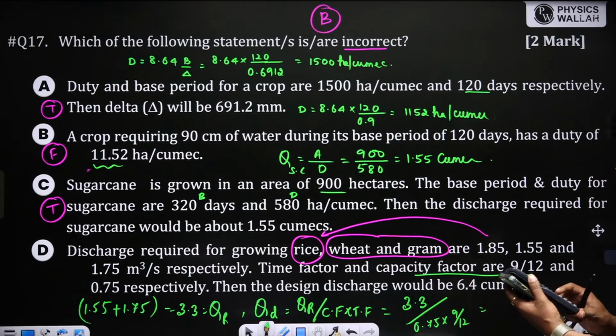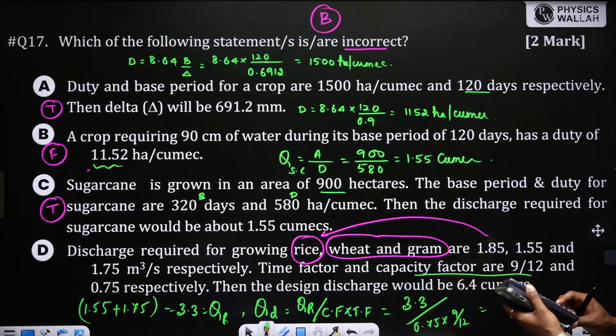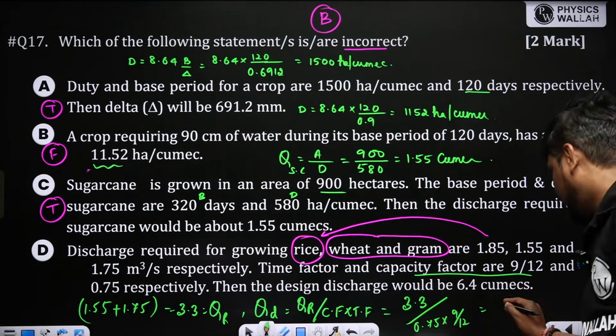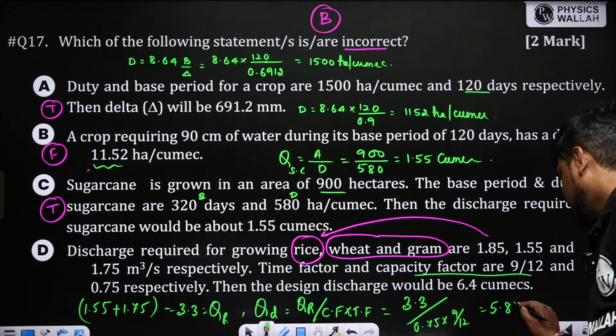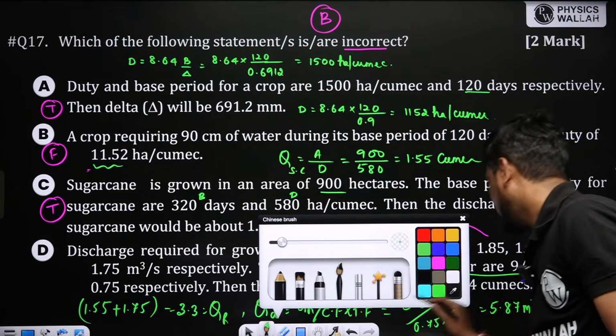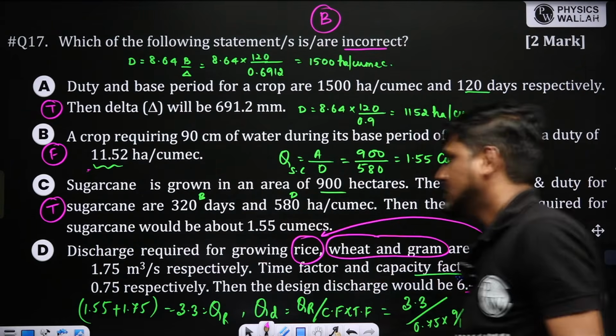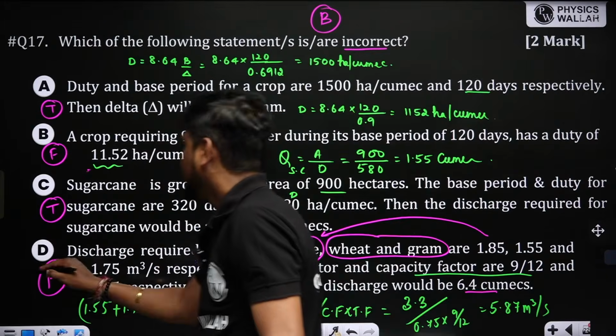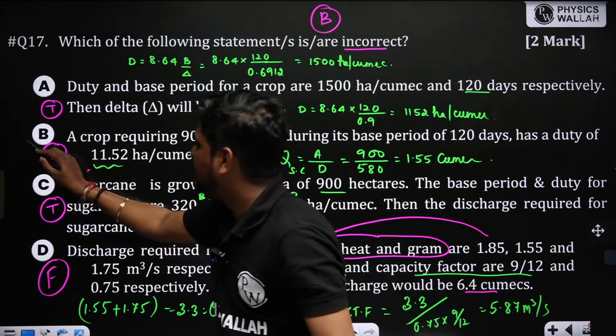Solve this, how much will you get? 5.87. Is it correct? Now it is given as 6.4. So this is a false statement. So the incorrect statements are B and D.